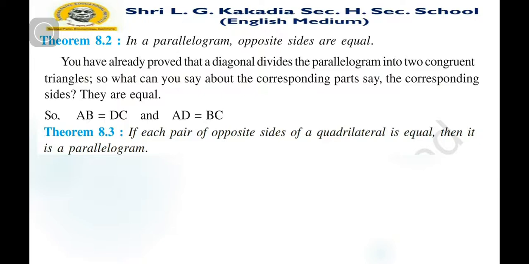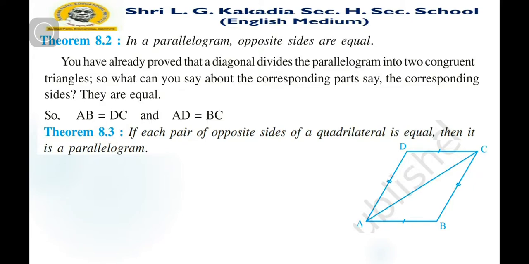It is the converse of theorem number 8.2. Here, in quadrilateral ABCD, AB and DC are equal and AD and BC are equal. Then we want to prove that it is a parallelogram.